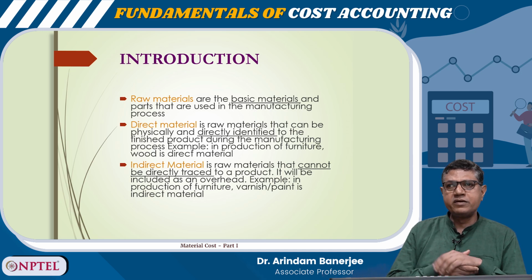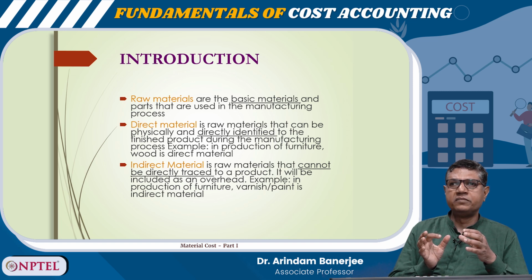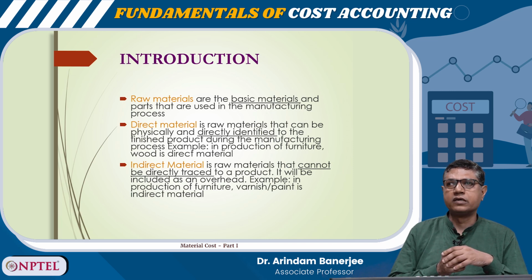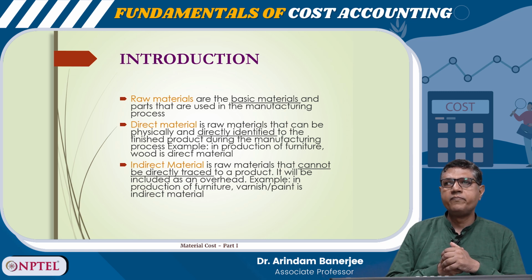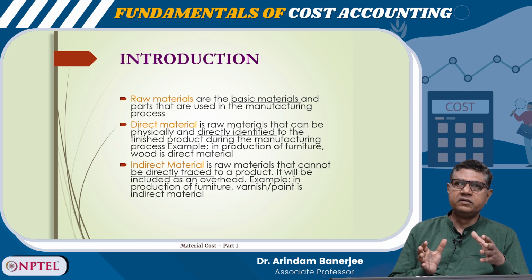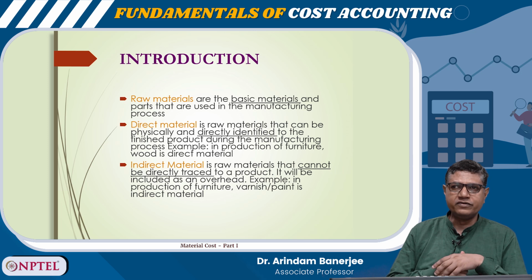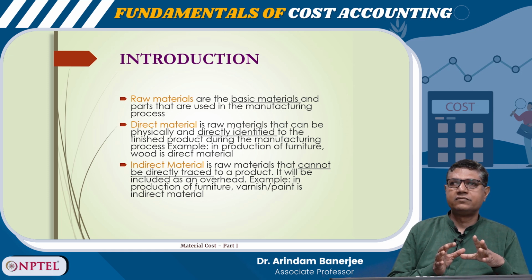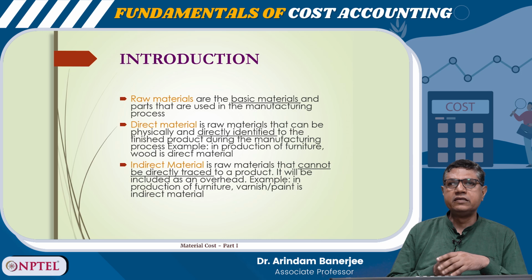There is another type of material which is called indirect material. This type of material cannot be directly traced to the product, and it is included as an overhead. For example, in production of furniture, varnish or paint is the indirect material, or the lubricants used in the machines.